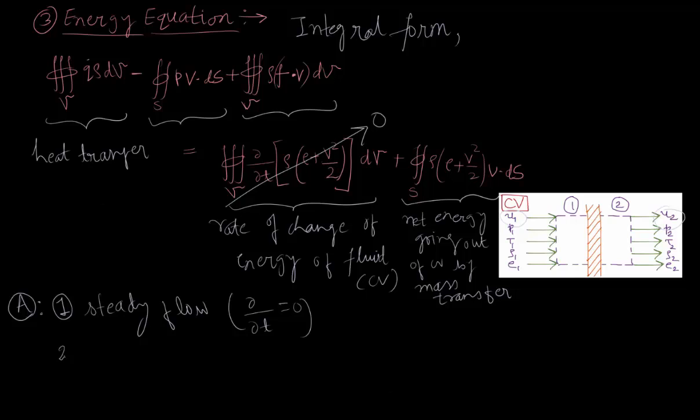The second assumption we take is that there are no body forces acting on the fluid contained in the control volume. That means our third term will become 0. Here the first term represents the heat transfer rate between the surrounding and the fluid contained in the control volume. We denote the whole term by Q dot, capital Q dot.